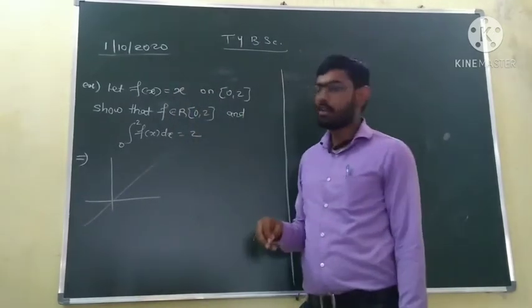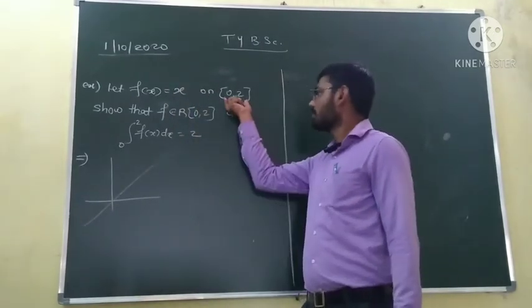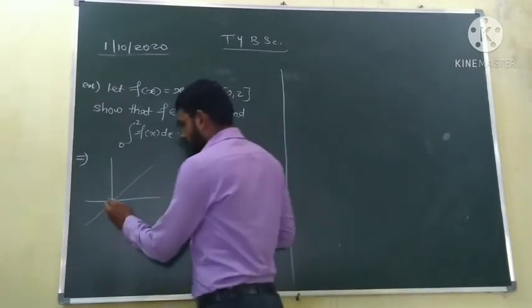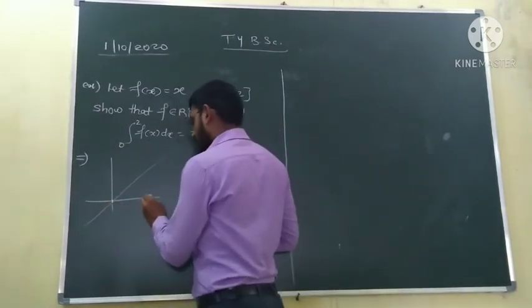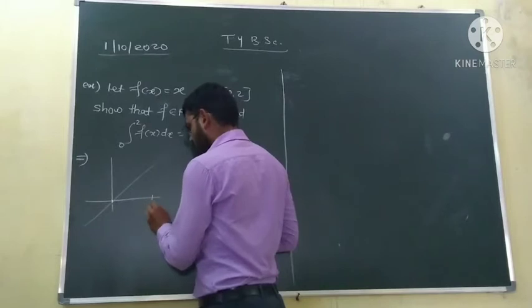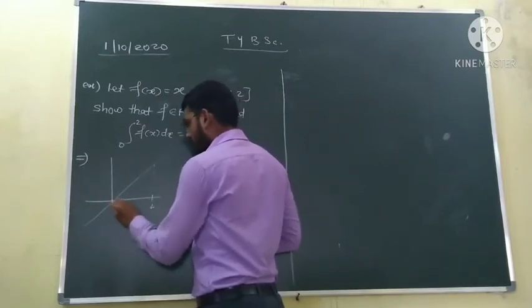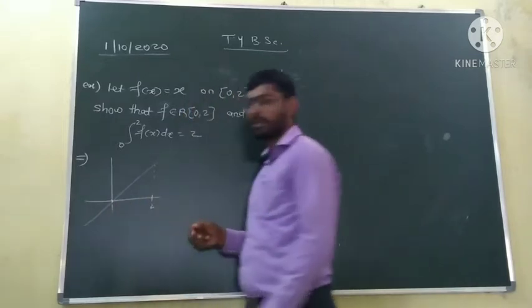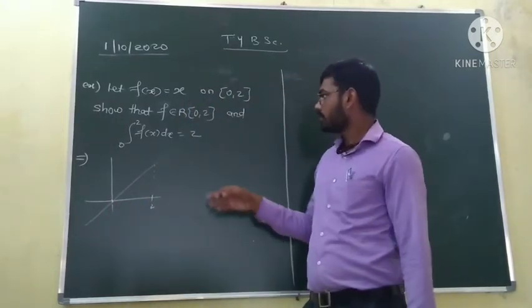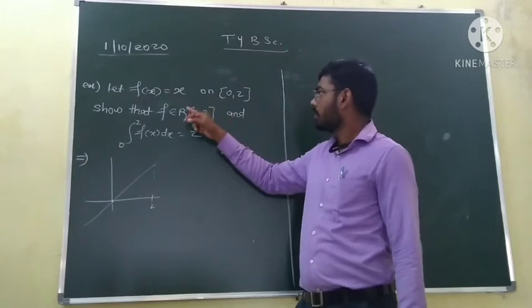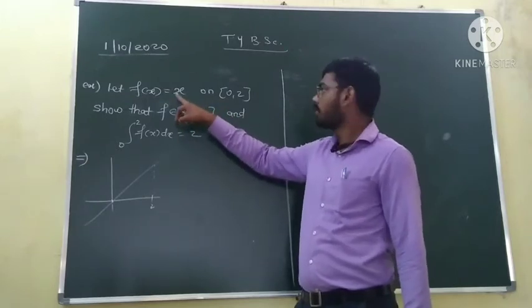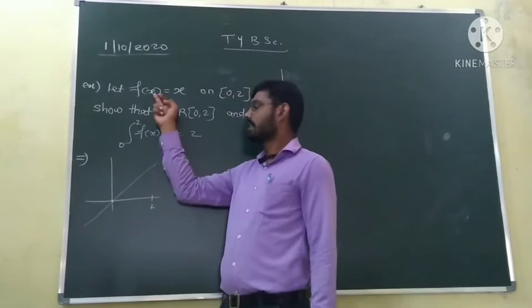Okay, and we have to focus on this interval 0 to 2. So here 0, suppose here is 2. So we have to focus only on this subinterval, this interval 0 to 2. Now in this interval we see that for x is equal to 0, the function value is 0.